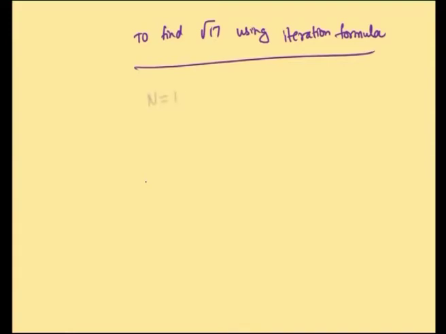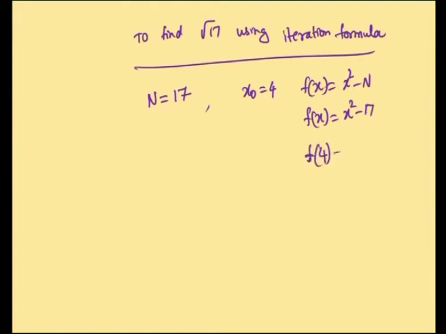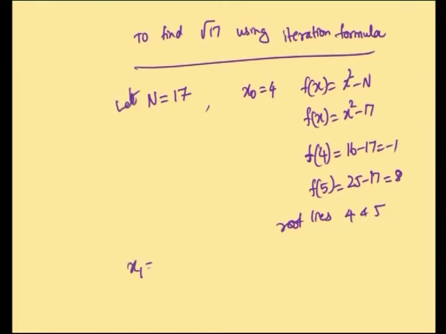Take n is equal to 17. So, here n is equal to 17 and you shall take x naught equal to 4, because f of x is x square minus 17, and we found f of 4 is 16 minus 17, which is minus 1, and f of 5 is 25 minus 17, which is 8, and this is positive. So, the root lies between 4 and 5.